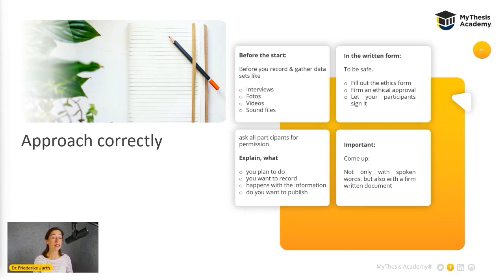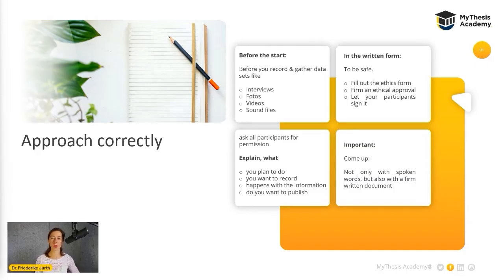Are we talking about further sources? Whatever. This is already something that you should keep in mind and that should be clear to you. And when you approach the participants, then explain to them what you plan to do with this material, which situation in particular you aim to record, and also why.